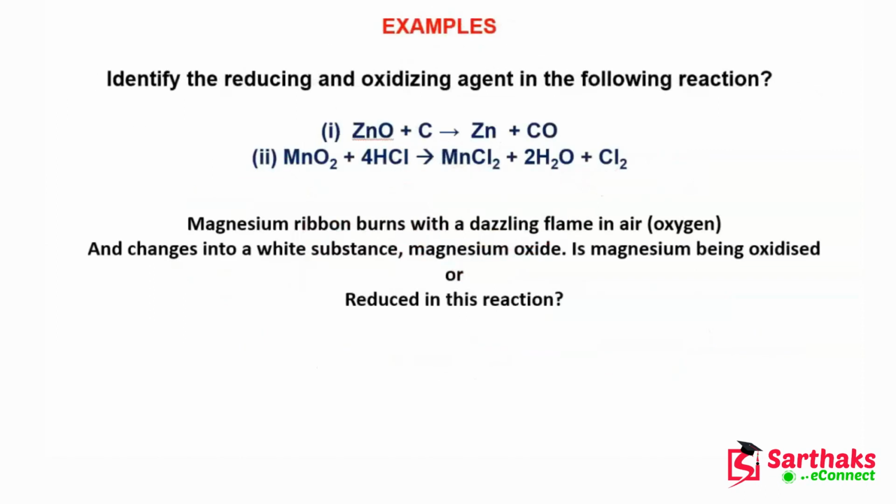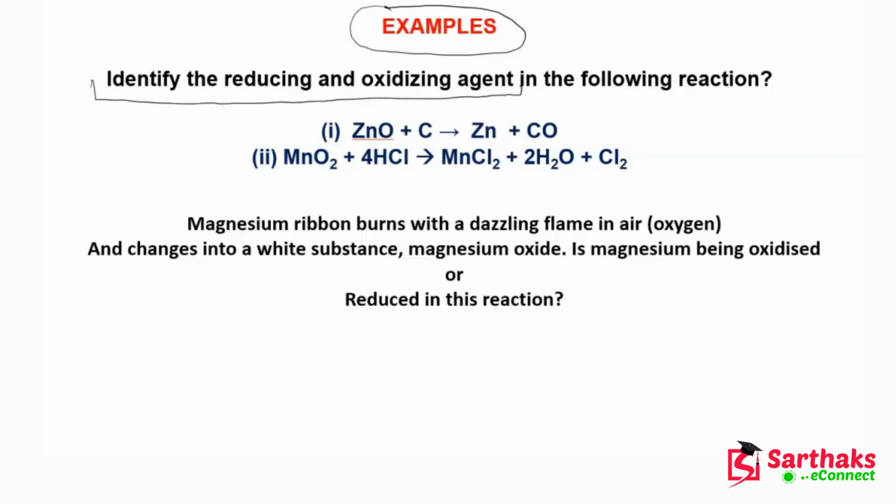Okay, students, so here we will see some examples so that this thing will become clearer. Here we have to identify the reducing and oxidizing agent in the following reaction.